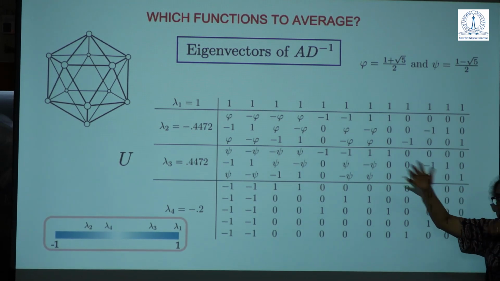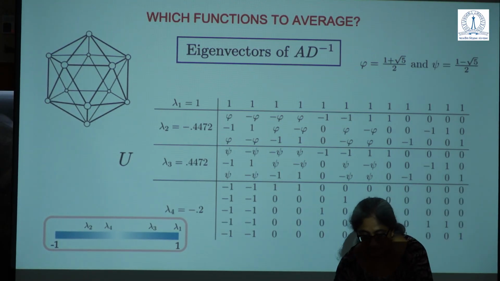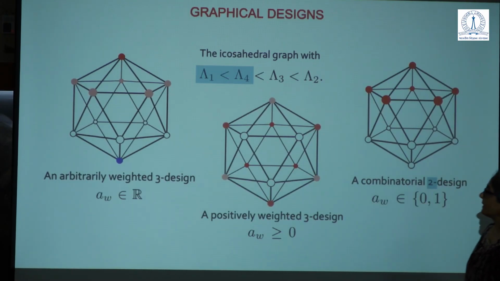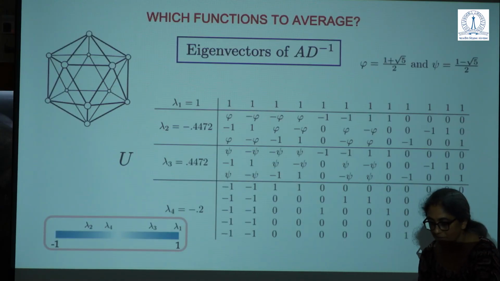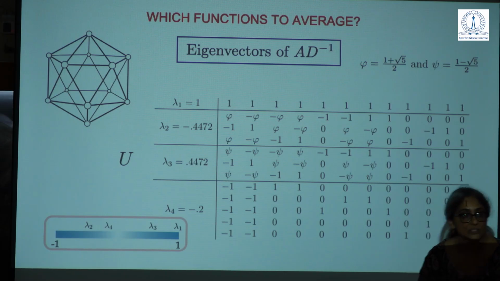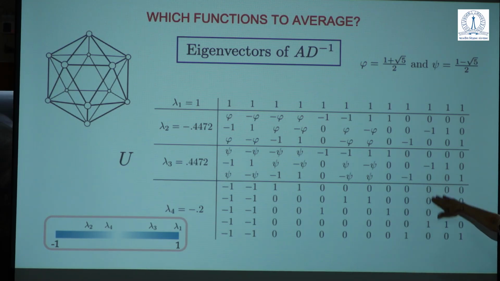You can order things whichever way you want, okay? Doesn't matter. So in this example, I have ordered the eigenspaces in this funny way, okay? I put lambda 1 first, always has to be first, but then lambda 4 comes next, then lambda 3, then lambda 2. Lambda 4 is the 5-dimensional one. Exactly. So I've just picked some random ordering. Lambda 4 is this 5-dimensional subspace. That's the one I want to average.